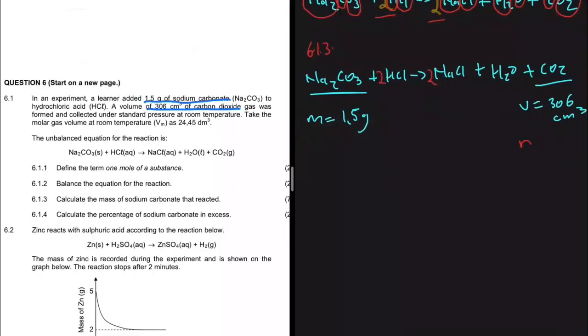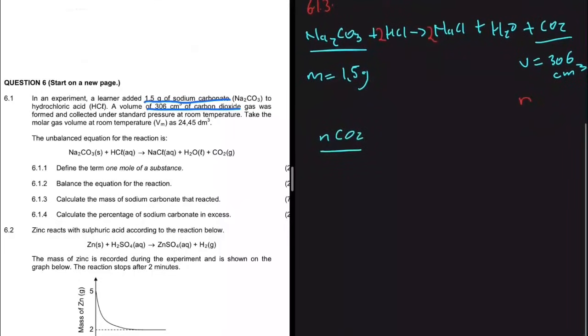So the number of moles of CO2 is equal to the volume divided by the molar gas volume. If you have a volume of a gas, that's how you can find the number of moles. You use this formula here. So what is the volume? We know that the volume is 306 centimeter cube. But in chemistry, we don't use centimeter cube, we use decimeter cube.